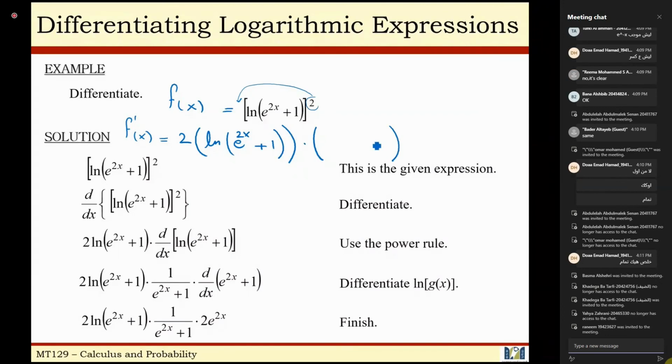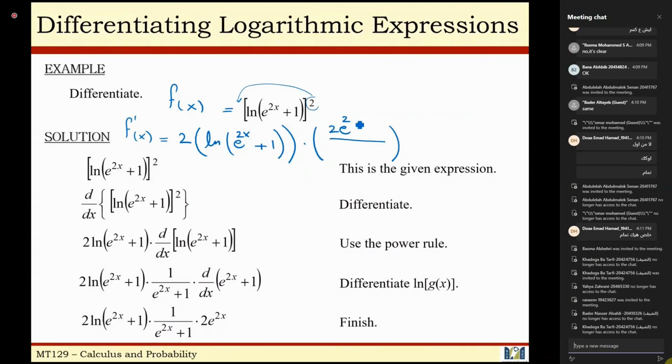The derivative inside the ln, 2e to the power 2x plus 1, plus 1 gives 0 because the derivative of 1 is 0, over e to the power 2x plus 1, the same inside, because the derivative of ln g is g prime over g, so derivative inside the ln over inside the ln. Okay, any question? Just this, the derivative. In one line, no need for these steps.